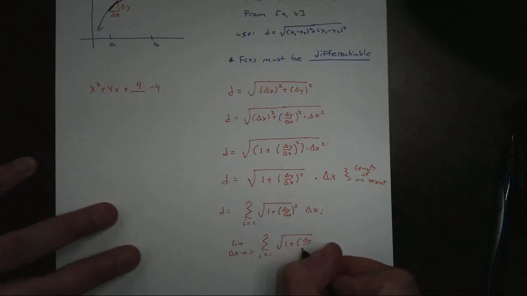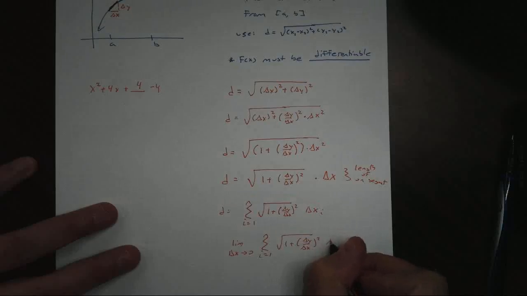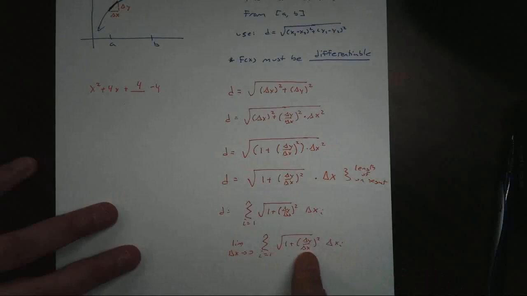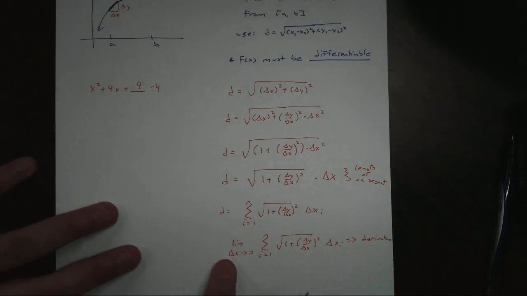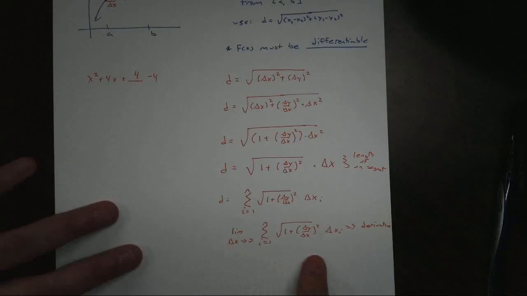This should look a little familiar to you. This is the definition of a derivative. In other words, as delta x goes to 0, delta x becomes dx. So I can now write this as the square root of 1 plus, we'll talk about this in a second, dx.